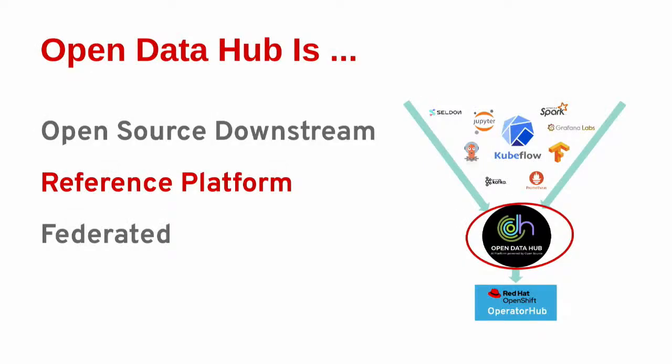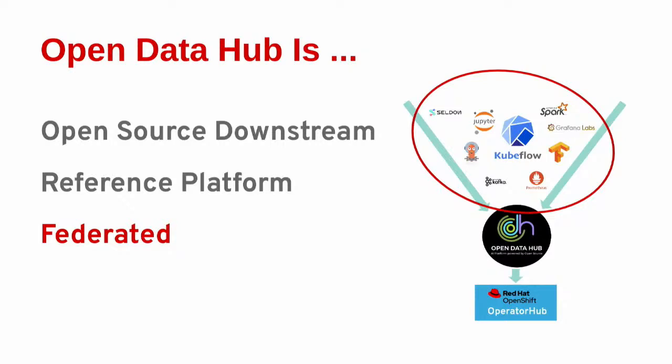It is a reference platform, which is to say it acts as a repository of standard data science tools many people like to use, and allows you to deploy them easily as a reference stack into the cloud. And it's nicely federated.